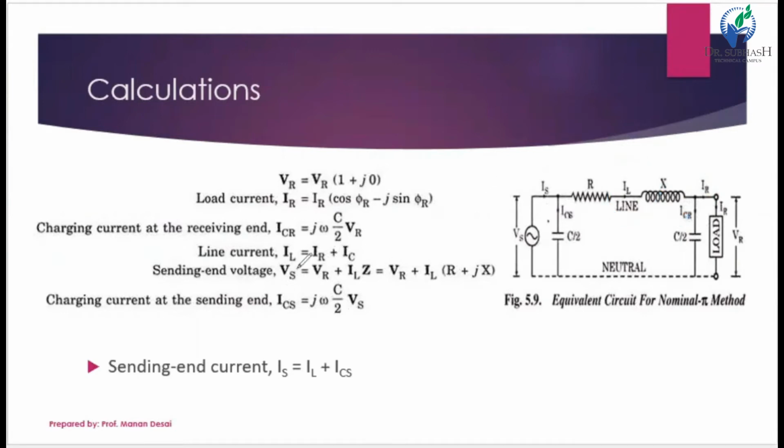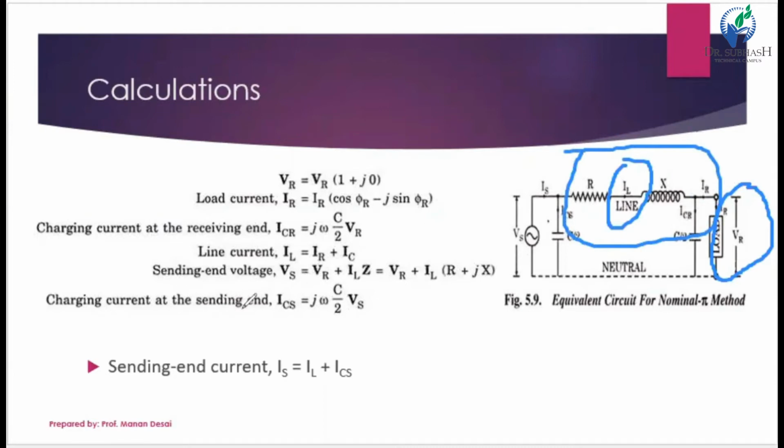Now VS, the sending end voltage, is equal to VR plus ILZ, where Z is the transmission line impedance. So VR plus IL times R plus JX.